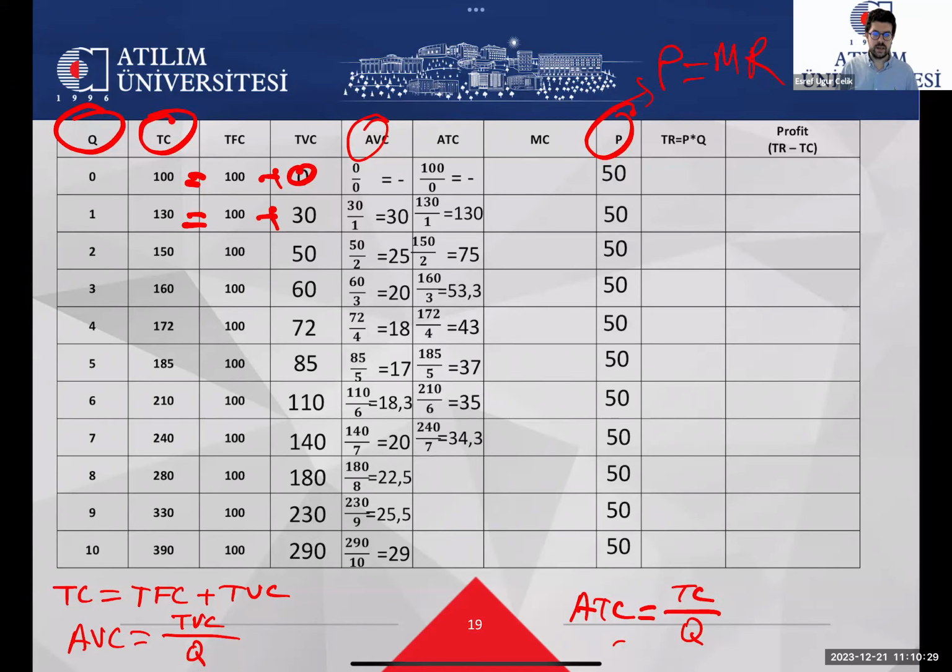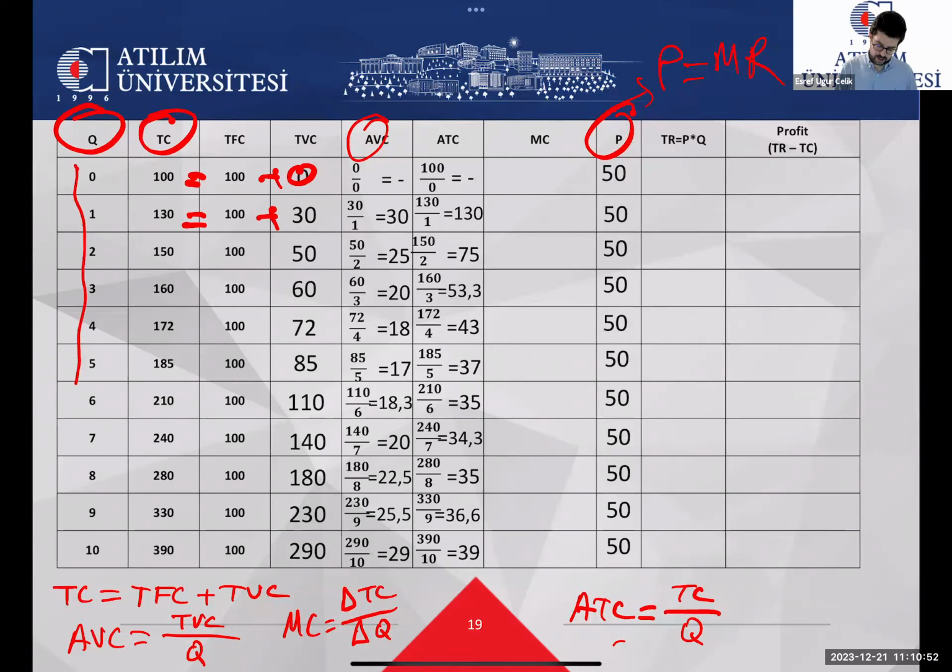Okay, then let's come to the marginal cost part. Marginal cost is equal to delta total cost divided by delta quantity, or delta total variable cost divided by delta quantity.